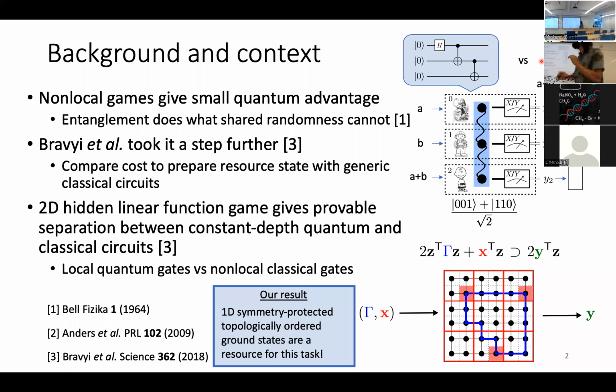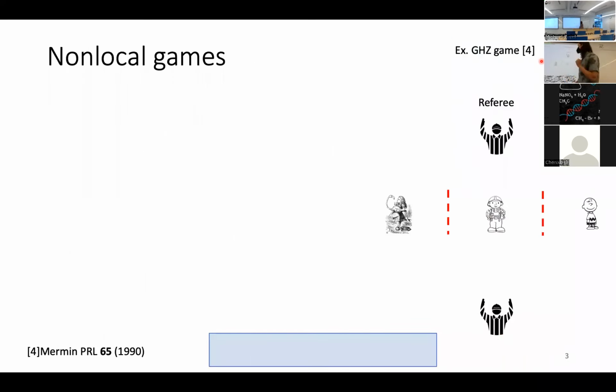This is essentially a teaser to the idea that our results show that a very broad variety of 1D symmetry protected topologically ordered ground states are useful as a resource for this computational task.